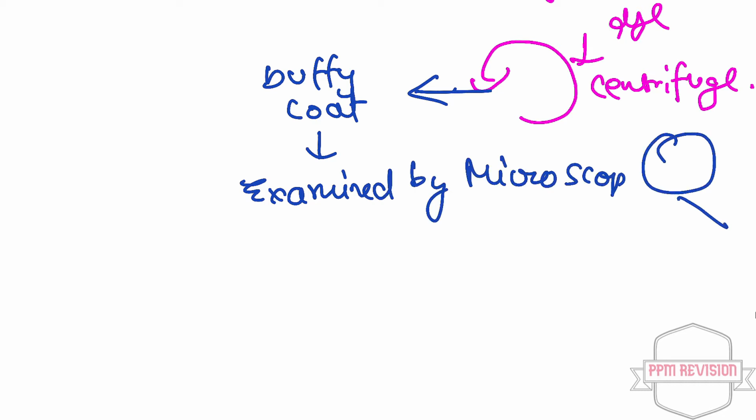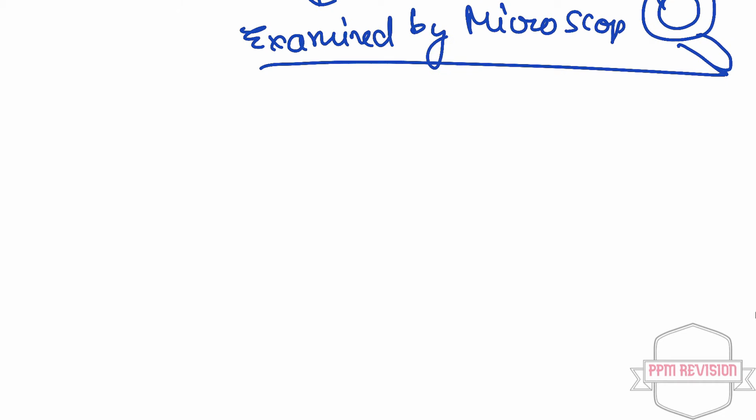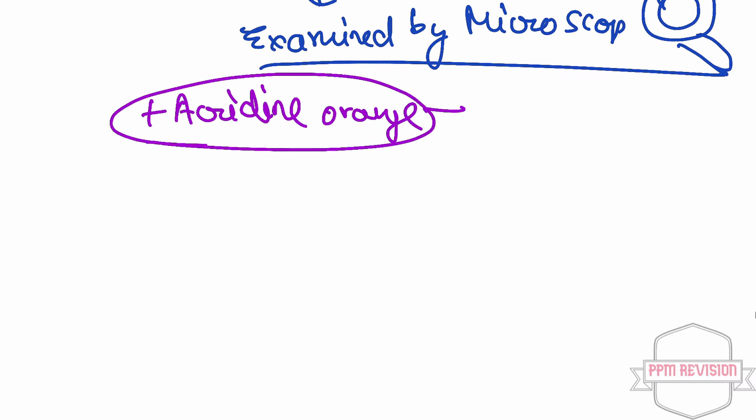Under the microscope, what is seen is that which stains with acridine orange will appear brilliant green.